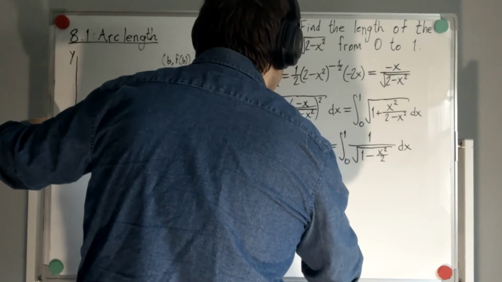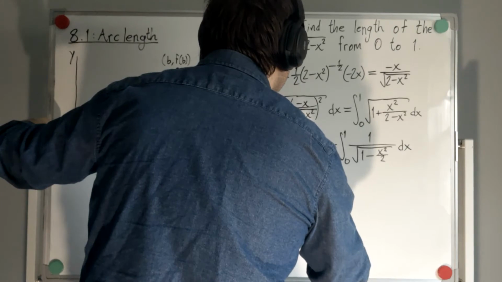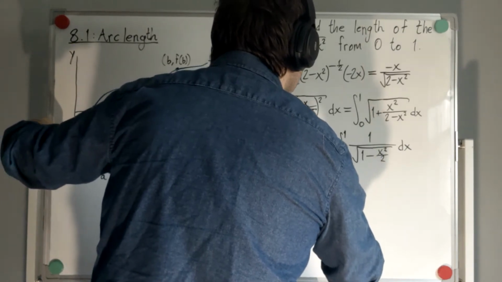So this is 1 over the square root of 1 minus (x over root 2) squared dx.